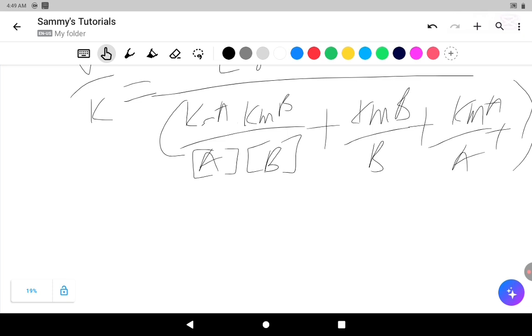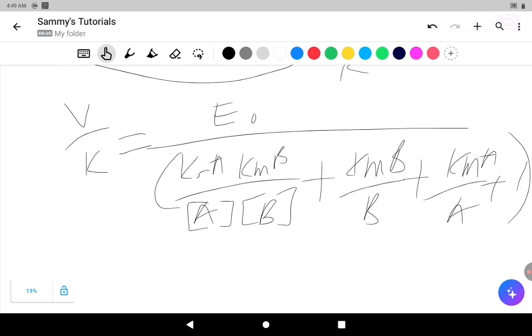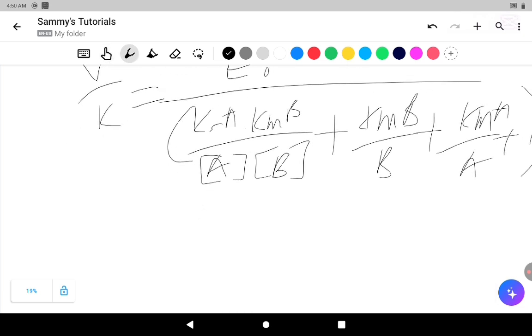Now the next thing is simple. If you have V over K and you want to make just V the subject of formula, K here is dividing, so it will come over and multiply. And when it multiplies, you know, of course, it will multiply with the numerator, not the denominator, right? Because it is the inverse of, that means it will be K over 1 that will multiply at this side. So you have K E naught. Simple, right? Good. So without wasting time, you have V equals to K E naught, because K came over here and multiplied, right? Okay, thank God you understand.